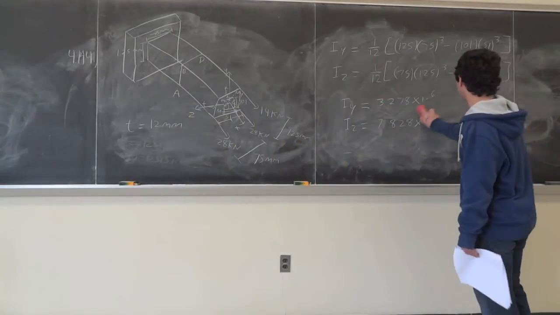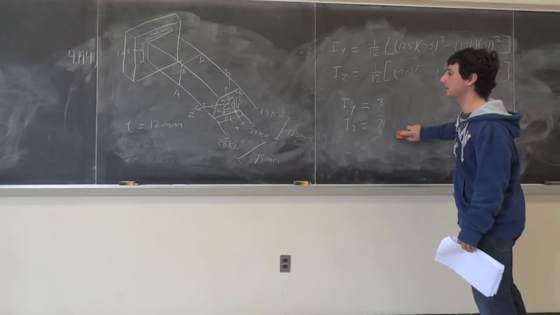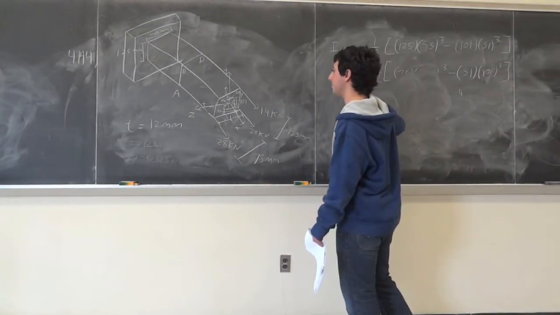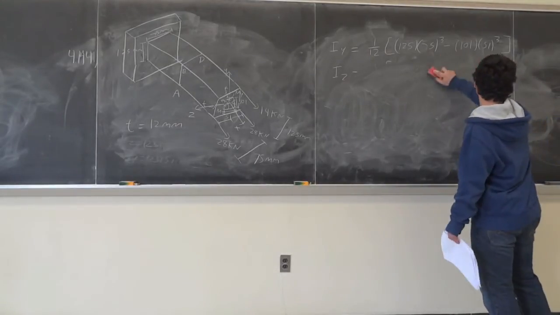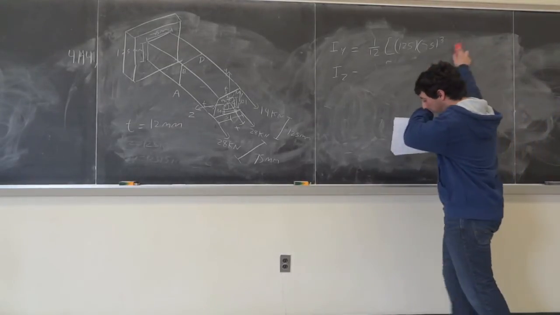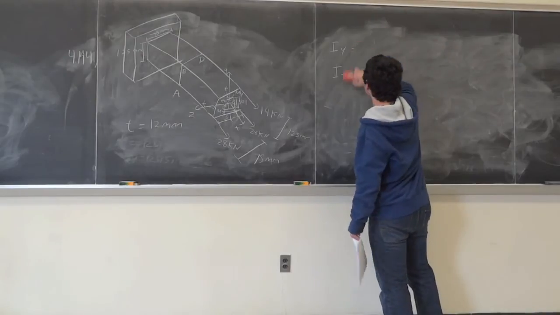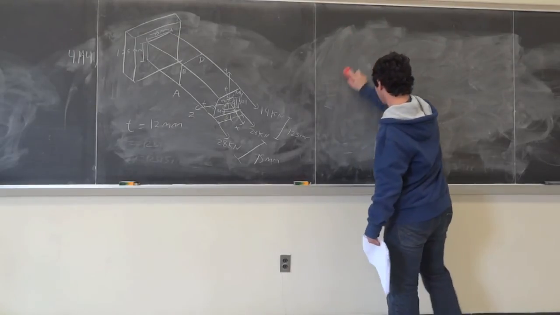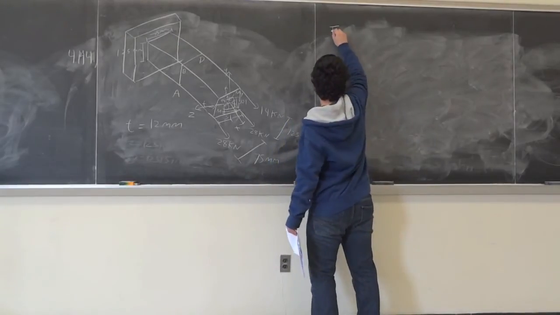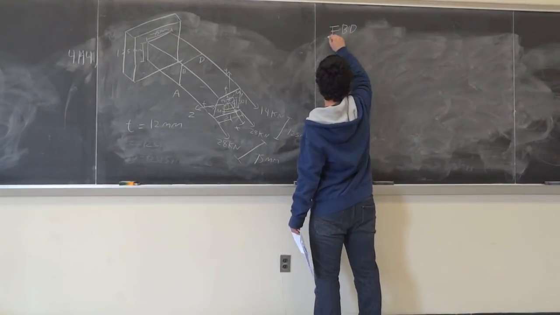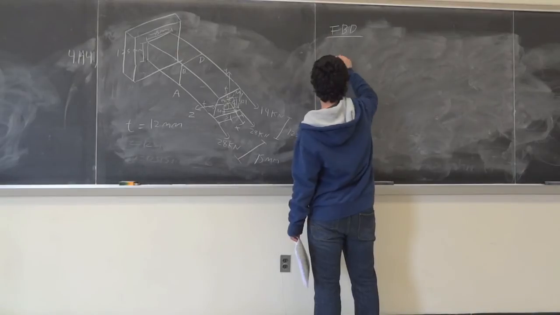So let's draw a free body diagram of this part A. We're going to cut it at A, B, D, because we want to know what's happening at that cross section. All right. So if we draw a free body diagram of that, we got this cross section.